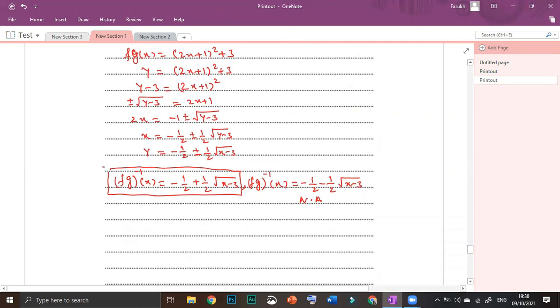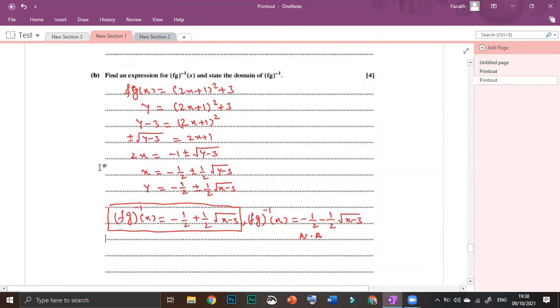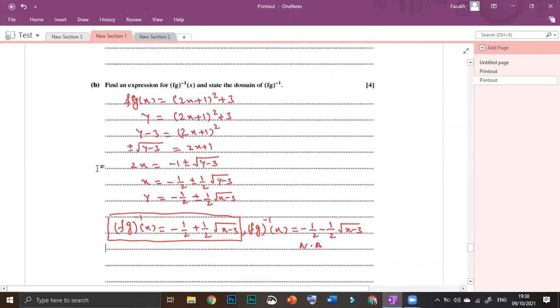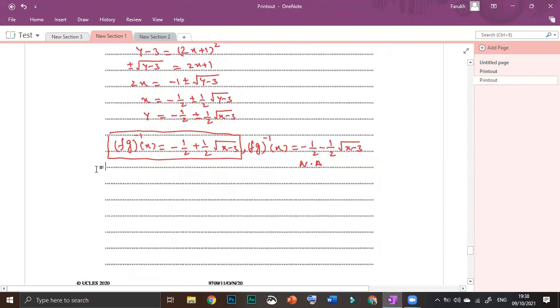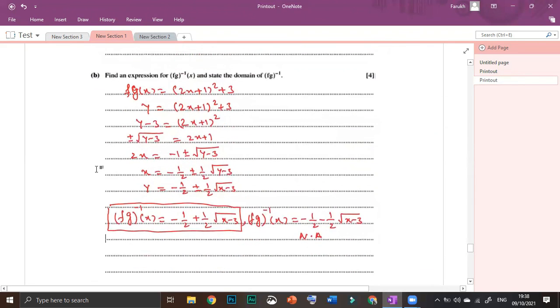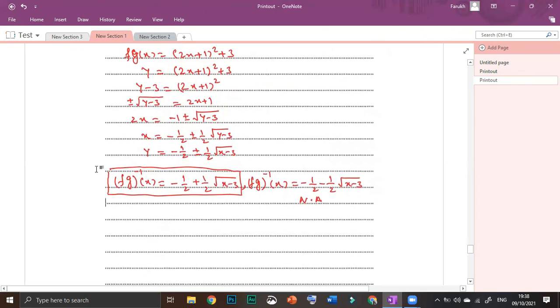This one is the acceptable expression. Now we want to write down the domain of fg inverse. Look at this expression: minus 1 over 2 plus half under root x minus 3.